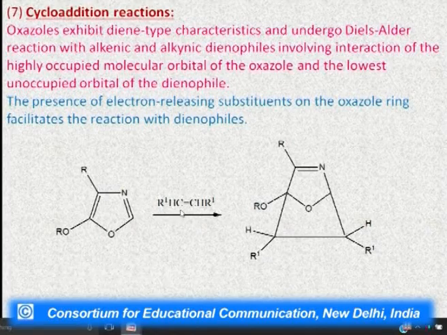In the Diels-Alder reaction, diene-dienophile type of interaction goes on and we get the adduct. So here in the case of oxazole also, we will get a diene-dienophile adduct. Here you can see in the reaction that this is the oxazole molecule, it will react with the substituted alkene, and we will get the adduct.